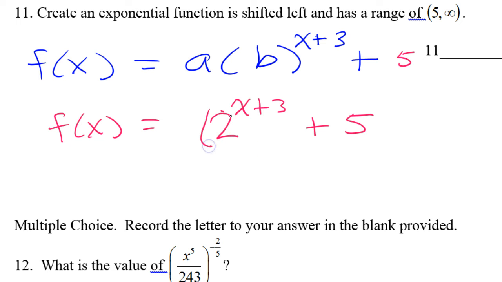And if I had wanted to, I could have put a number in front, like 6. Okay, you don't want to make this b value negative either. So you really don't want any negatives anywhere in this problem. But this would be an example of a valid answer, one of many, many correct answers. All right, the key things are the plus 3 and the 5 have to be there.